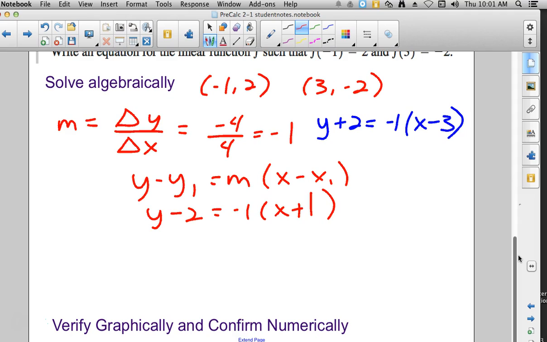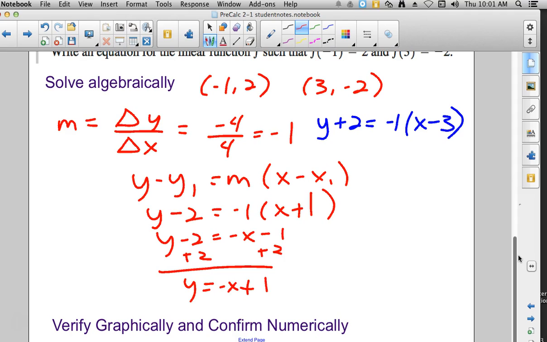So usually they'll take it all the way down and put it into point slope formula. So y minus 2 equals negative x minus 1. You add the 2 to both sides. And you're done. And with the blue one as well, it's going to come out to be the same thing.